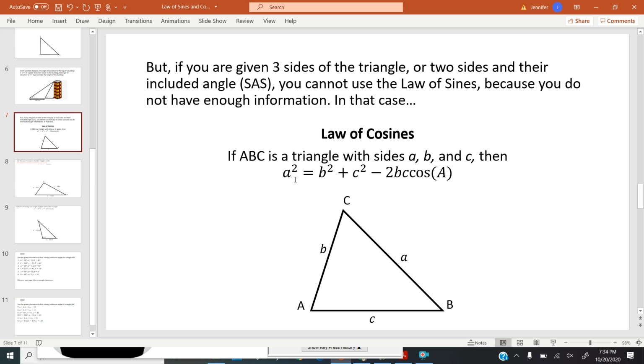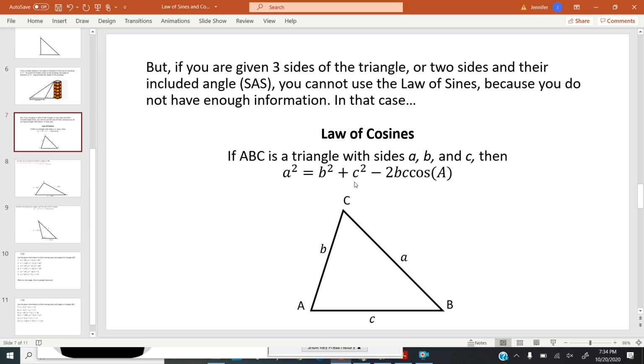This whole formula looks a little bit intimidating, but it's actually not too bad. Basically, you're going to have side little a squared equal to side little b squared plus side little c squared minus 2 times b times c, or sides little b and little c, times the cosine of angle A. This works as well if you switch around the letters: whatever side squared you have first is going to correspond with the angle across from it, and you're going to use that angle for the cosine.